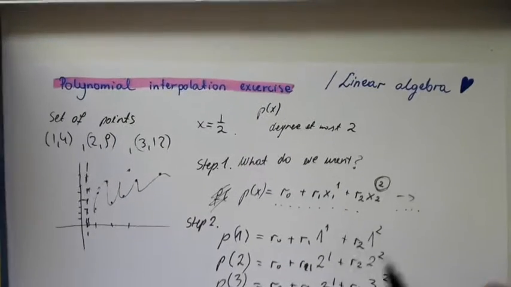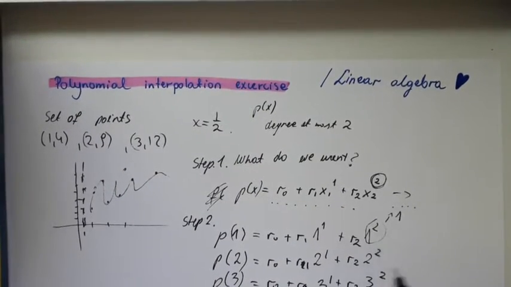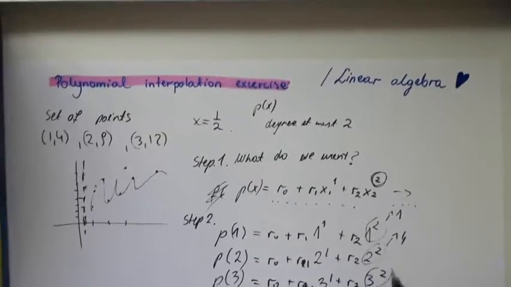This will be obviously 1, this will be 4, this will be 9.